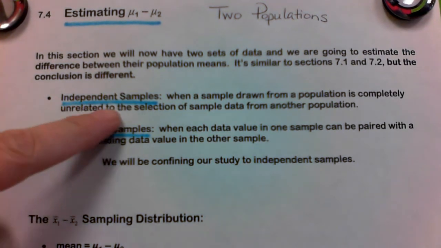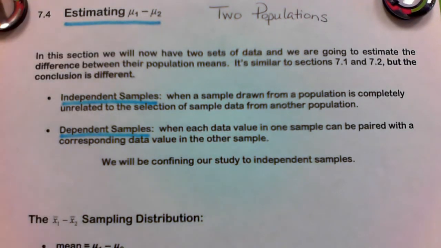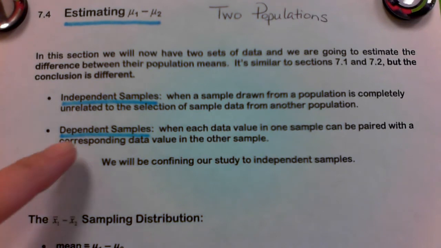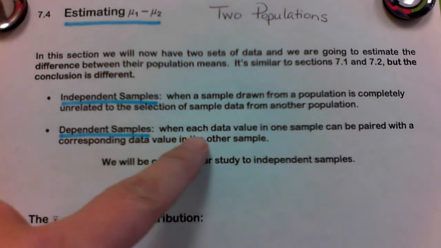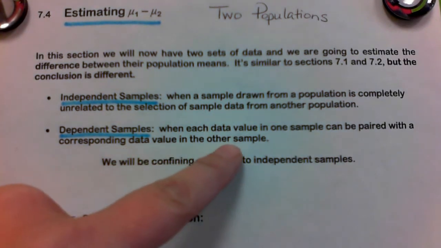Independent means that for your two populations, the samples that you draw from them have no correlation. They're not related in any way, completely unrelated. They're just two different samples. In dependent samples, each value in one sample can be paired with the corresponding data value in the other sample.